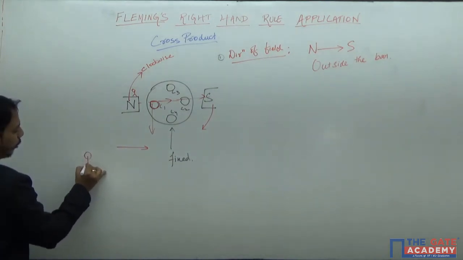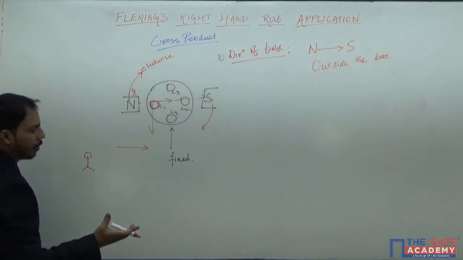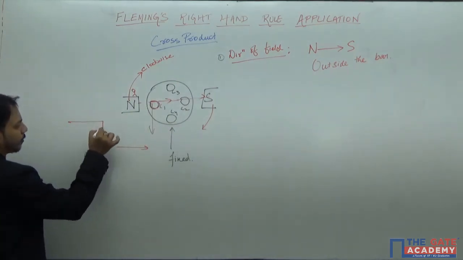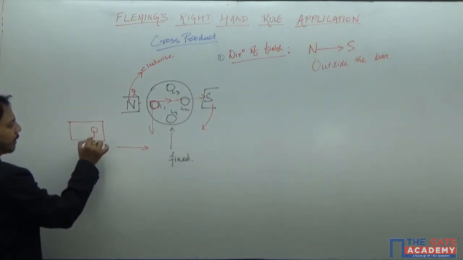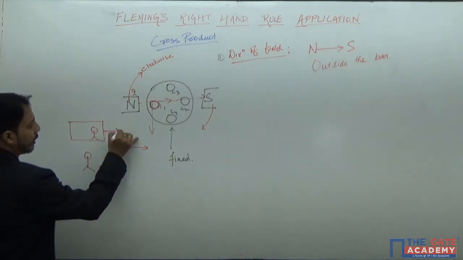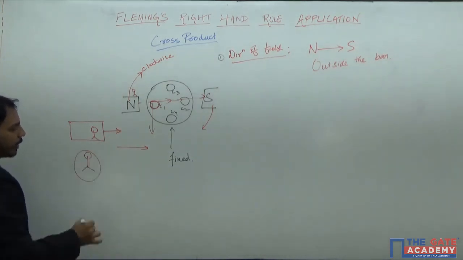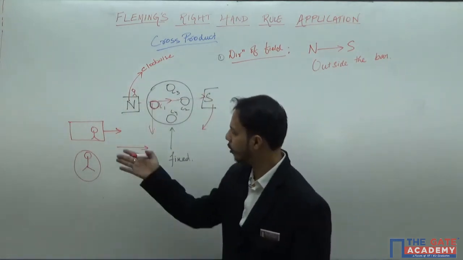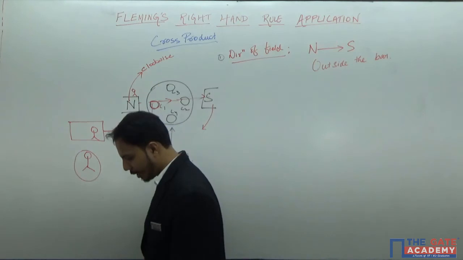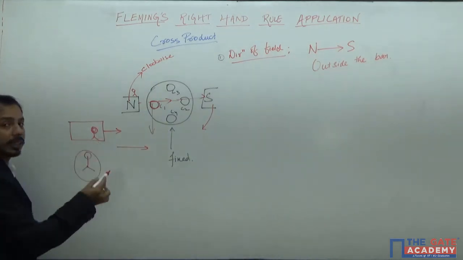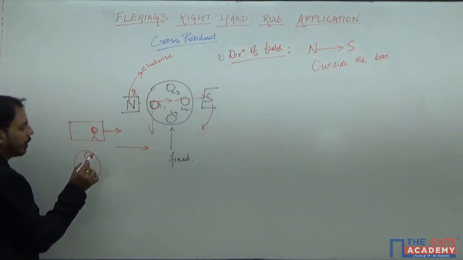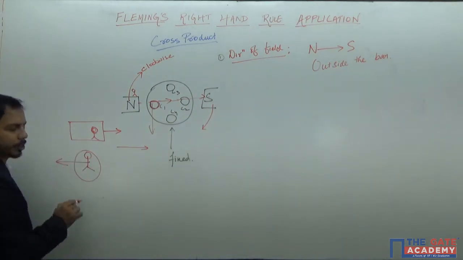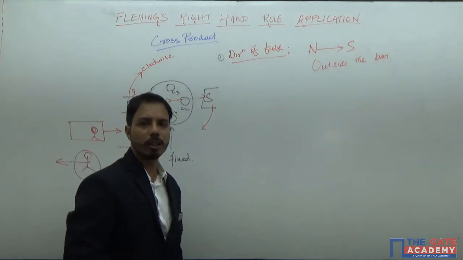Suppose there is a person sitting outside, and you are sitting in a bus, and the bus is moving in this direction. There is a person outside the bus, sitting at a shop nearby the road. If the bus is going in this direction, the person sitting in the bus will feel that the person sitting outside in the shop is going in this direction. Now this is called relative motion.